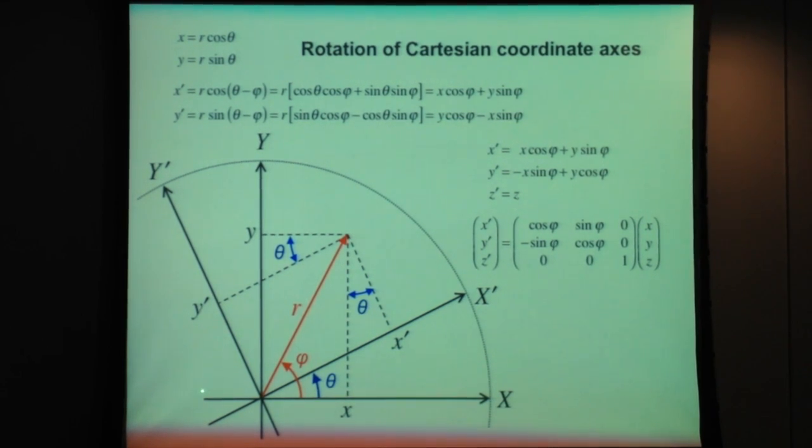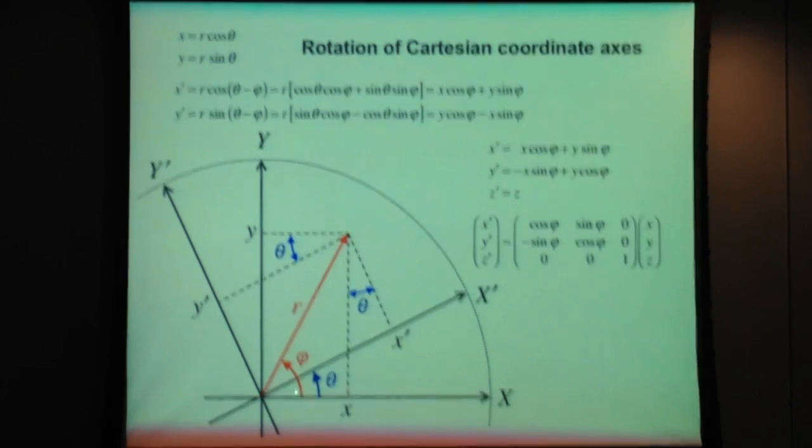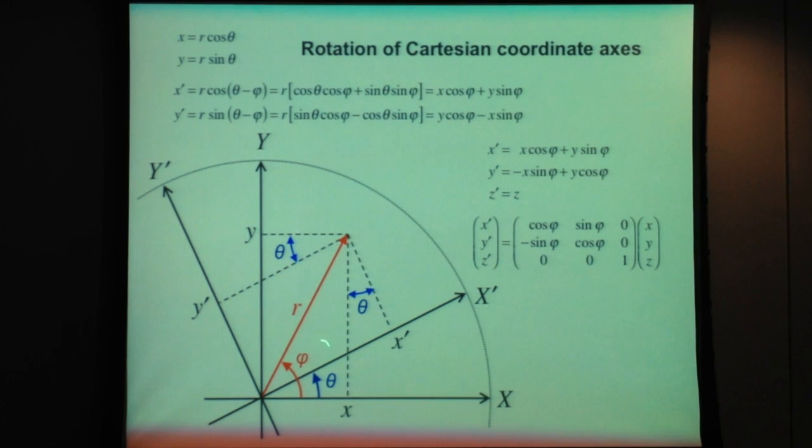So if we imagine an XYZ frame, we're just rotating about the z-axis in the XY plane. And we rotate by an angle phi. Well, we rotate the axes by an angle theta, and what that does to the vector is change its argument part to the angle phi.